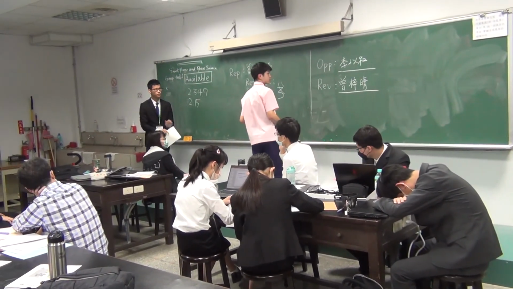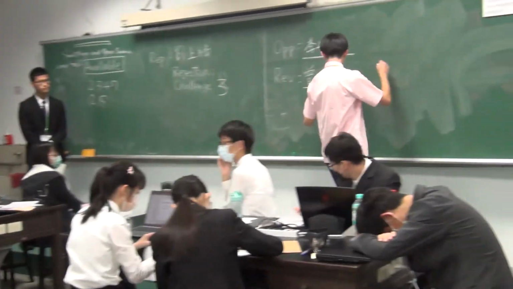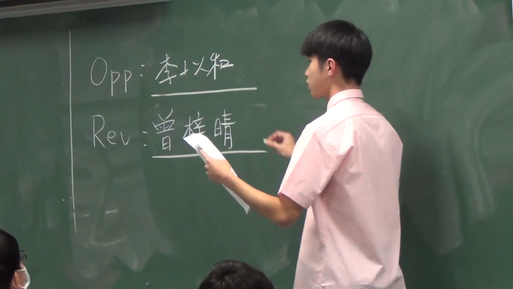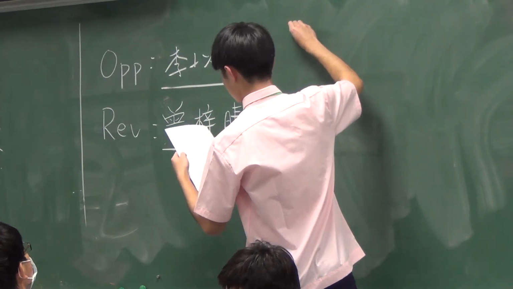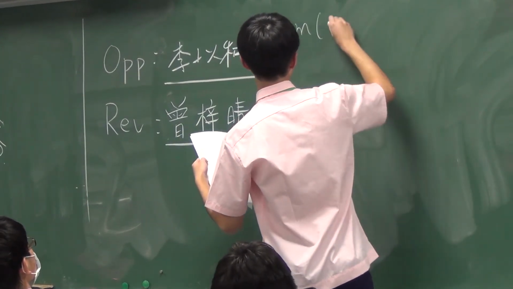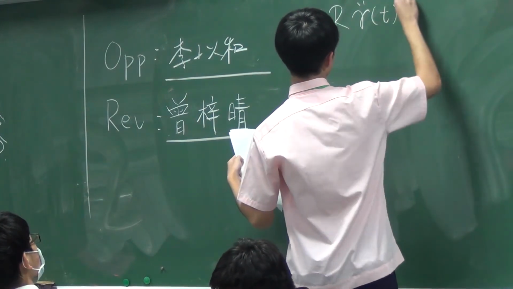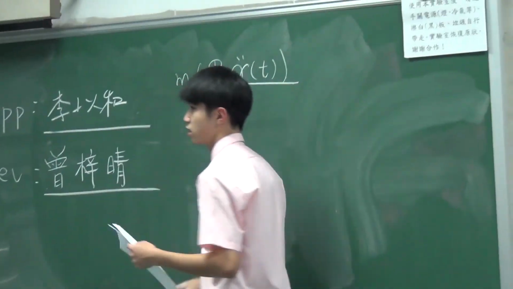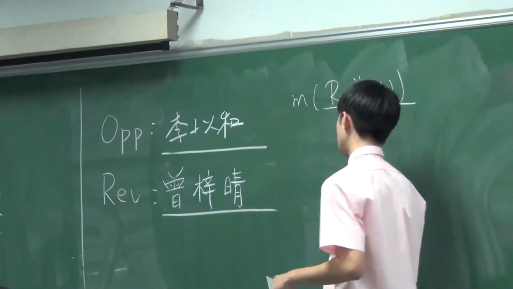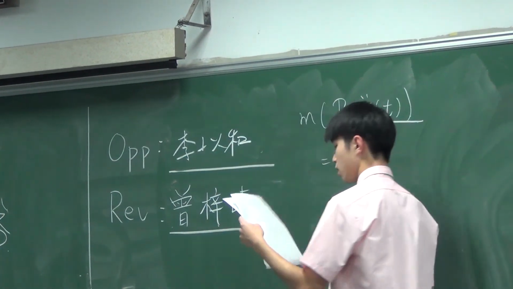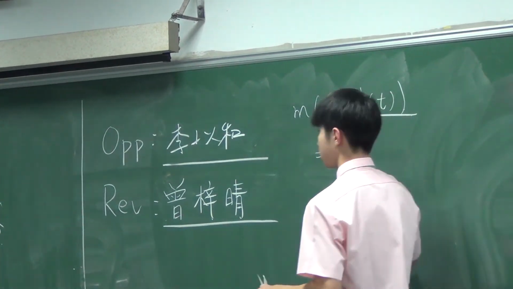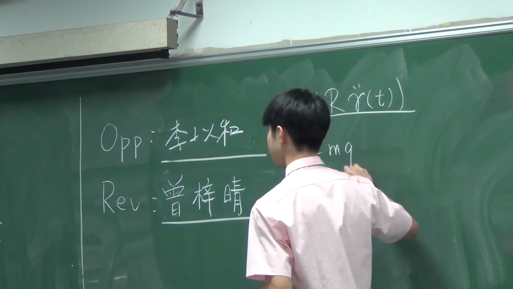Okay. So on the z direction, we have the m times r, and this is equal to the linear acceleration, right? Yeah. So it equals to, first, the gravitational force, mg, right? Yes.